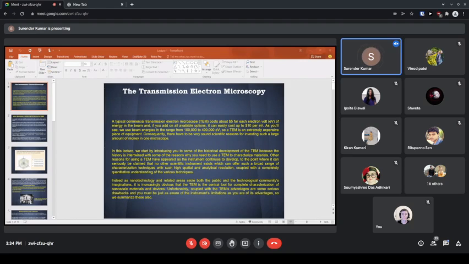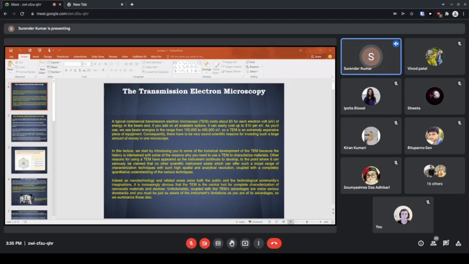But this is theoretical. It is not always that you have a very confined beam. There are many factors which finally determine the resolution. Because electromagnetic lenses have some error, we have aberration and all these things.